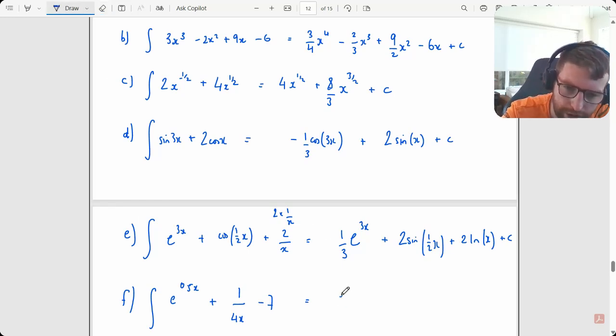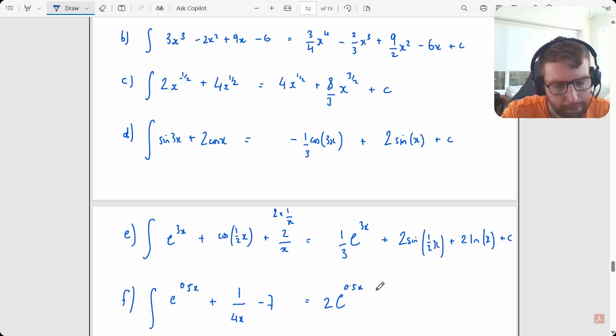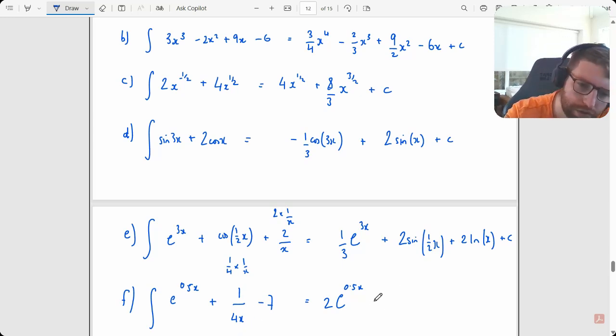It does not change, but we do divide by that 0.5. So we get 2. And then this is effectively 1/4 times 1 over x. Here you can separate that out. So we get 1/4 ln x. And then the final one is just minus 7x, and then plus c.